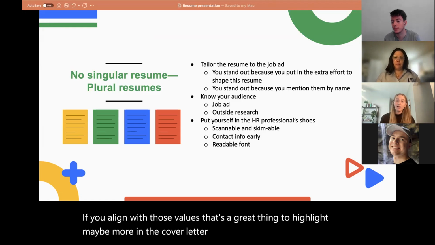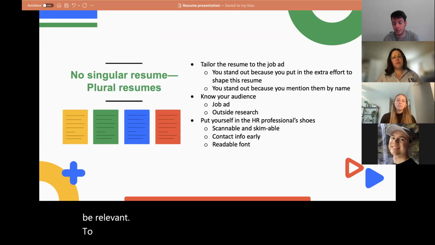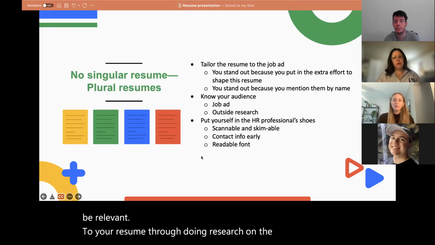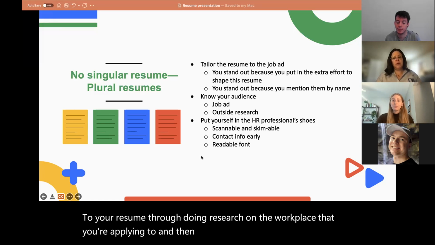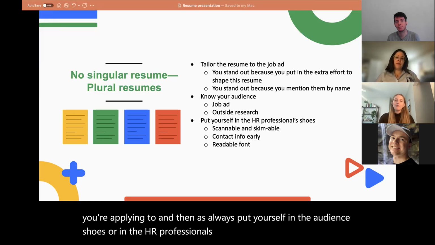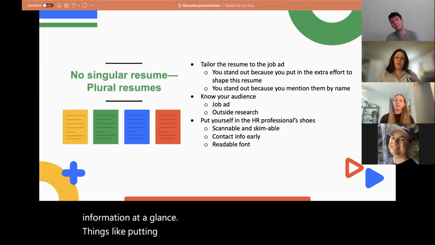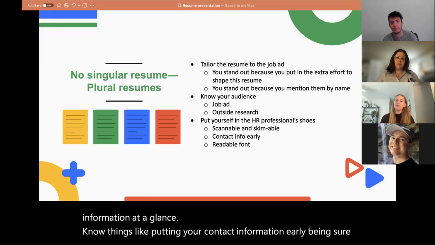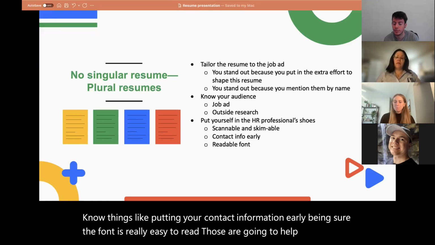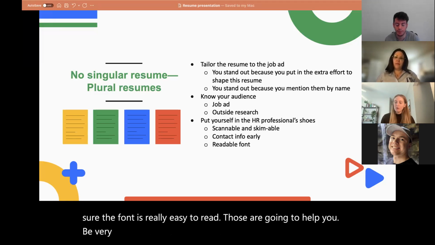But there are also things that could be relevant to your resume through doing research on the workplace that you're applying to. And then, as always, put yourself in the audience's shoes or in the HR professional's shoes. Like we've mentioned, you want to make it easy to get the important information at a glance. Things like putting your contact information early and being sure the font is really easy to read are going to help you be very skimmable and scannable.